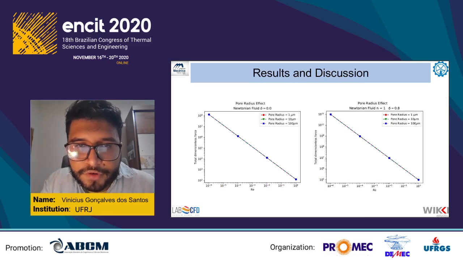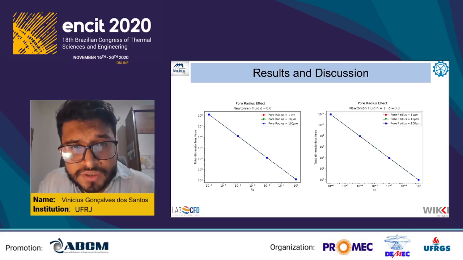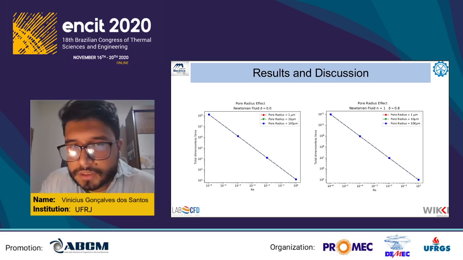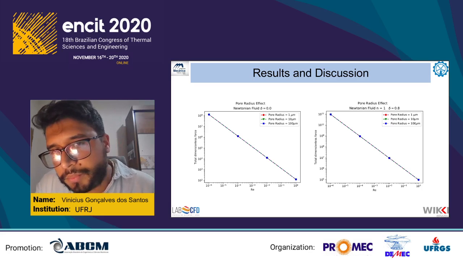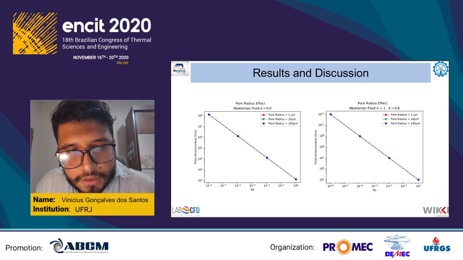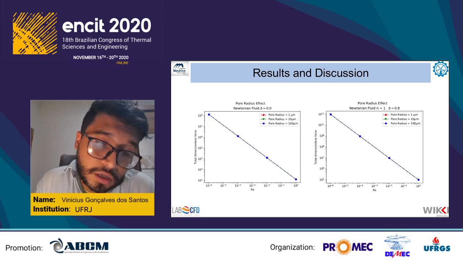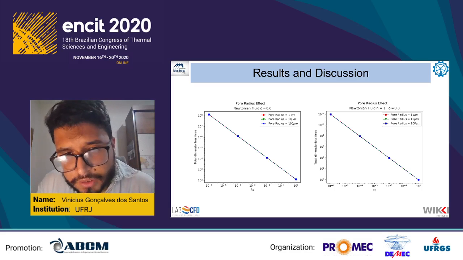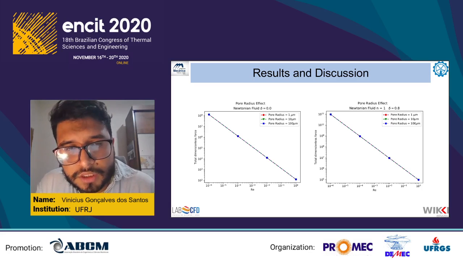Here we have the first results using Newtonian fluid for the cylindrical topology of pore and the most extensional topology. You can note that the pore radius has no influence on the force. We have found the same results in the 2 cases for the 3 pore radii used.